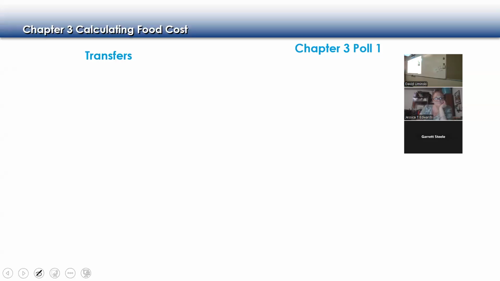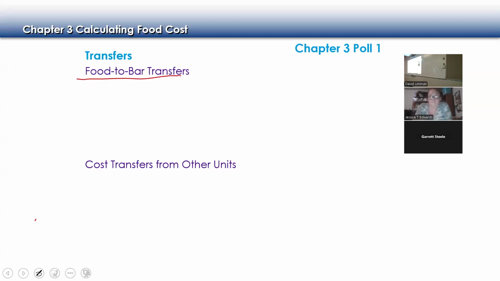We also have to do transfers if you want to be very particular between food and beverage costs. Between food and beverage costs, we want to look at food to bar transfers. When does food become part of food cost? When it's used. Okay. Food ingredients are not always part of food cost.